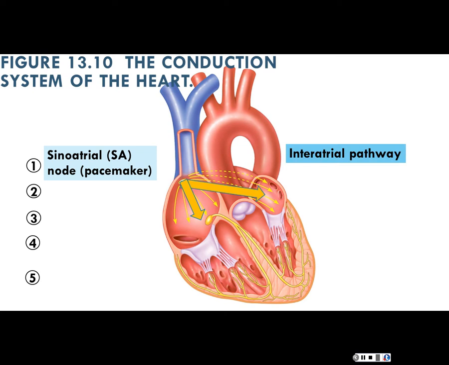So the action potential spreads from one atrium over to the other through a specialized set of pathways called the interatrial pathway. That's a pathway between the atria. So they have the ability to conduct right to left.